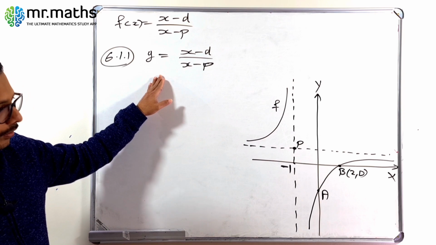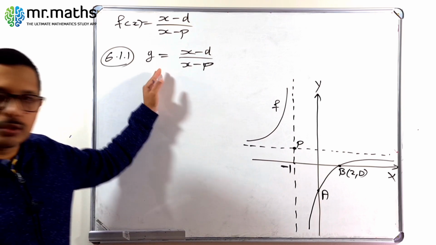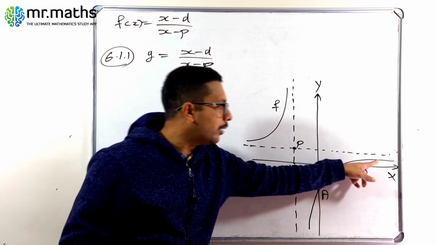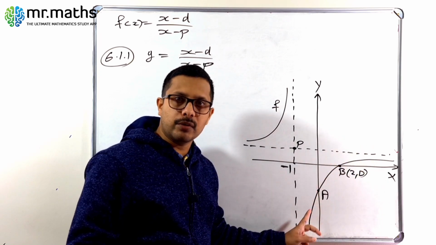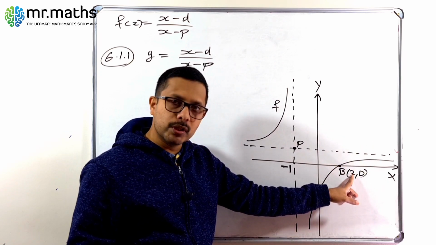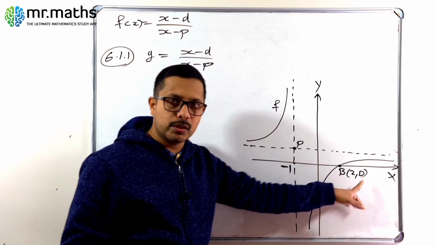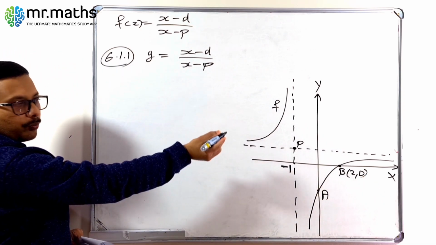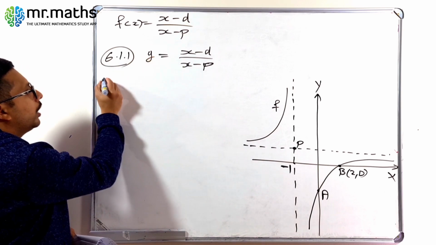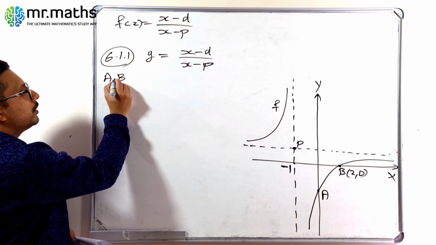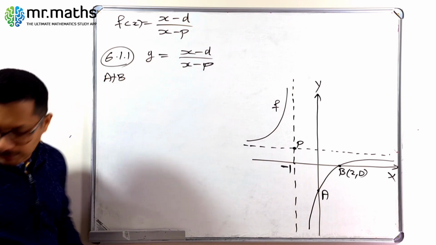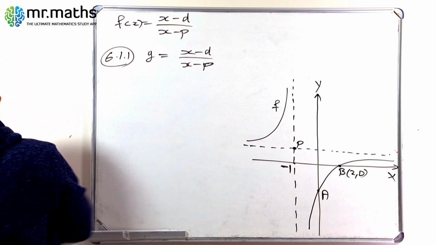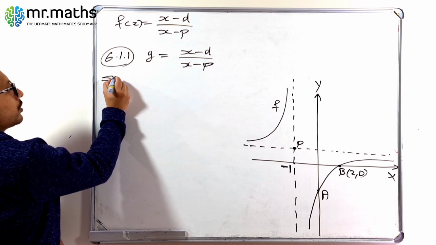So here do we have any points to substitute? Yeah, there is a point here. We know that point is a point on this f of x graph. So we can substitute the x value as 2 and y value as 0. That means I'm going to substitute that point (2, 0) at b. Let me write it properly, or you can write it like this also.